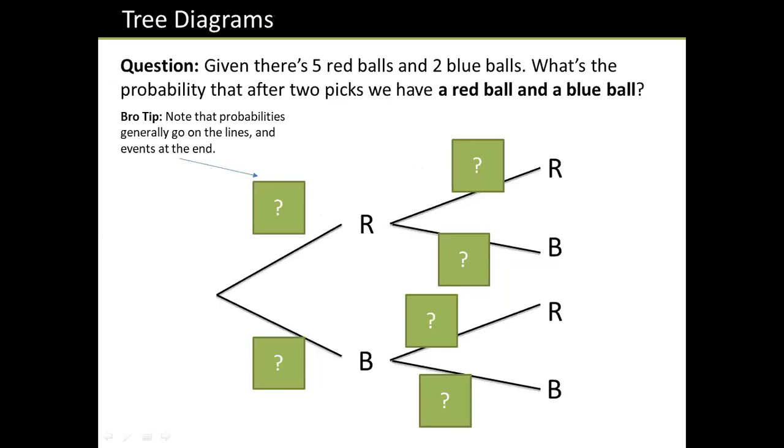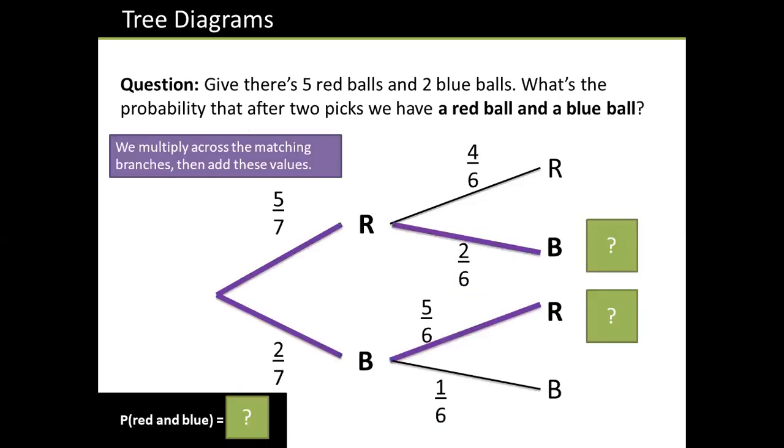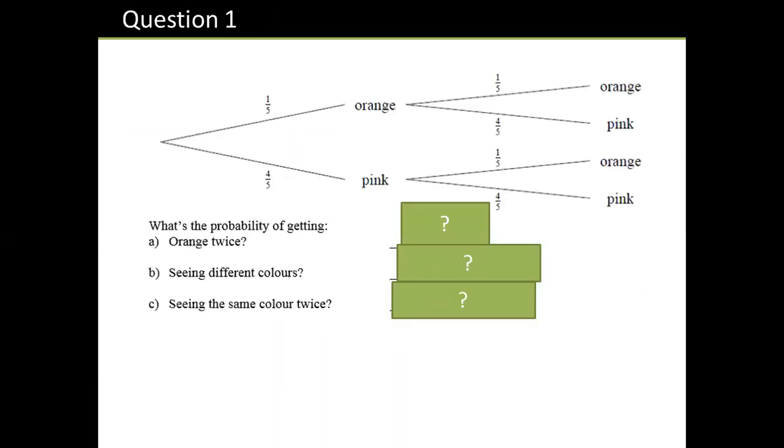Okay, so we have done the tree diagrams. That is how to illustrate and demonstrate the probability of combined events. For example, here is a tree diagram. The question is, what is the probability of getting orange twice?